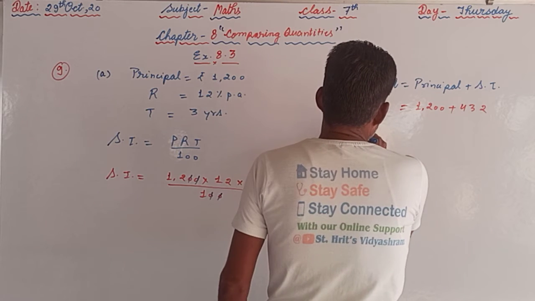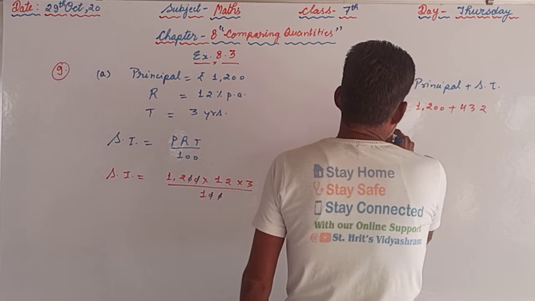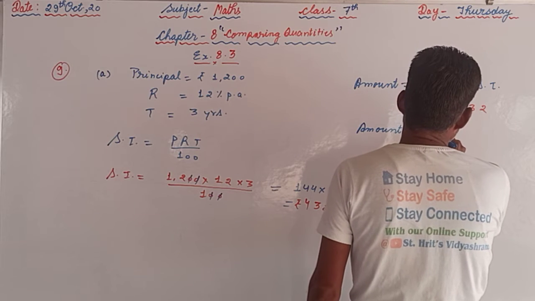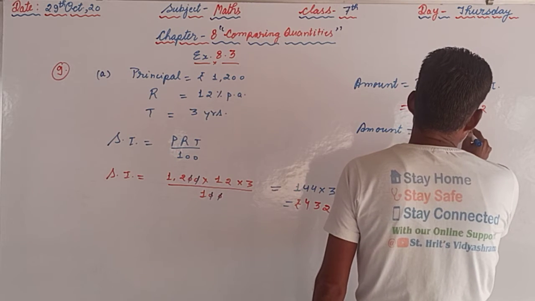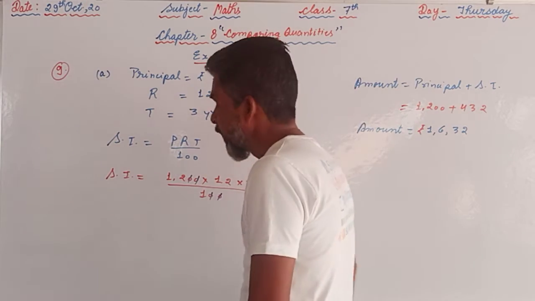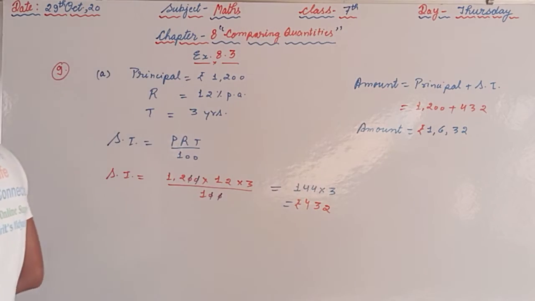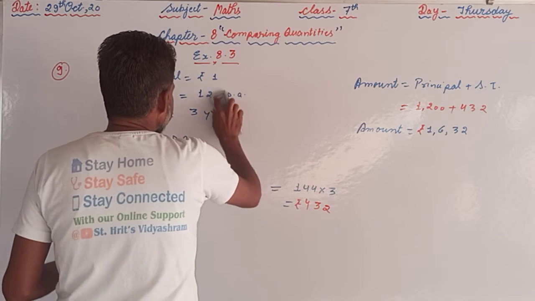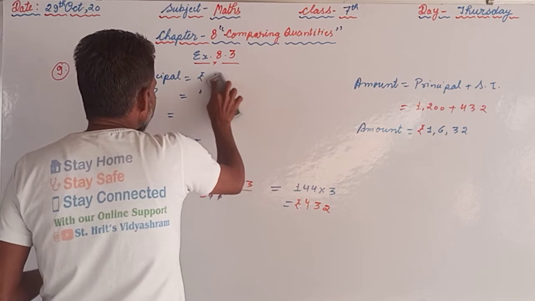So after adding, we get 1632 rupees will be the amount for this principal, that is 1200 at the rate of 12% for 3 years. So like this we are supposed to proceed in part B. The numbers have been changed, so we will calculate separately for that.